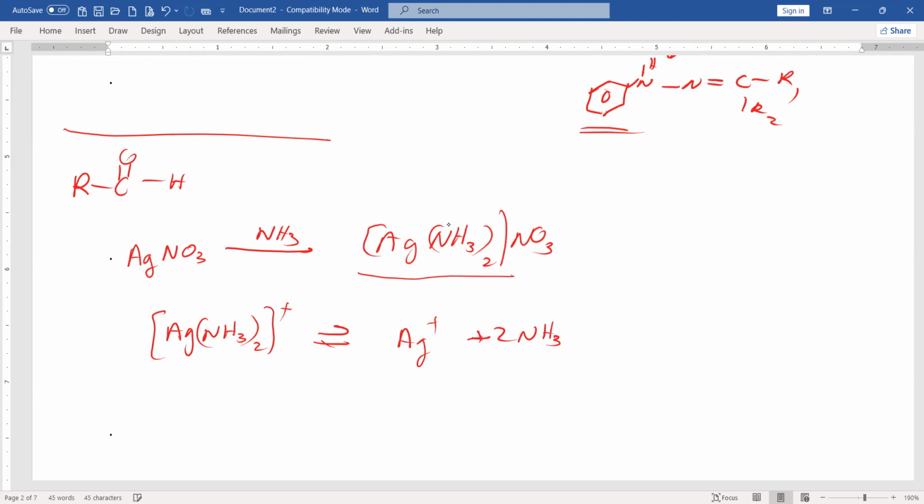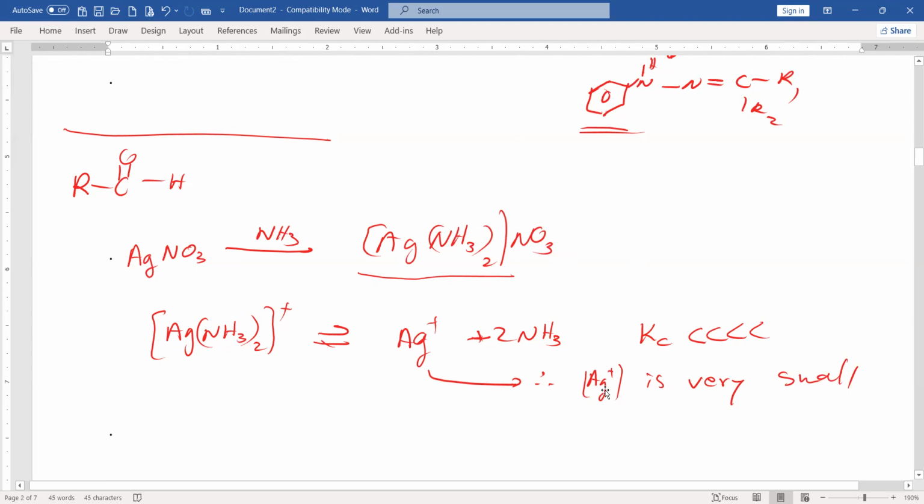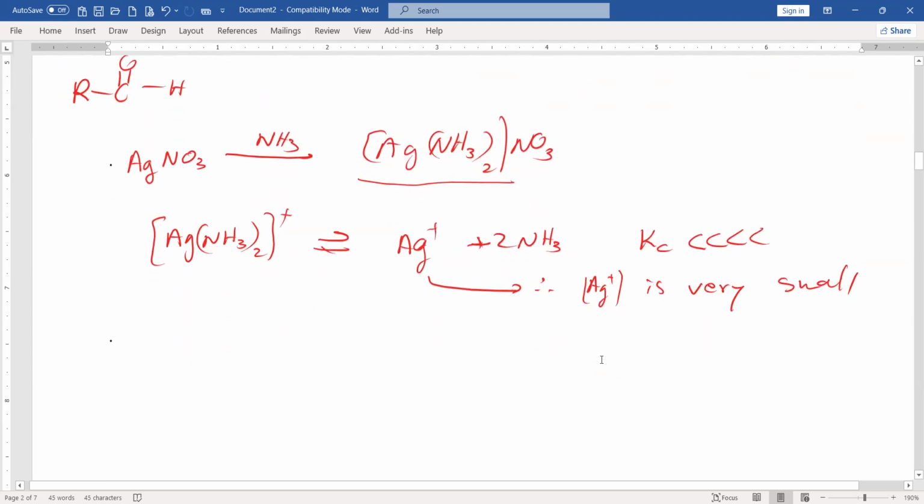Here, the Kc value is very, very small. That means the Ag plus concentration is very small. Because of the very small Ag plus concentration, the reaction with this RCHO is very slow.